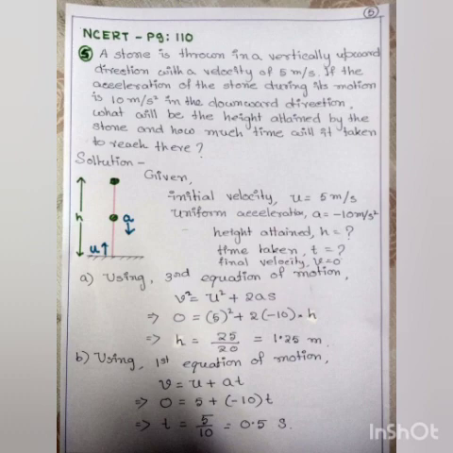While the stone will achieve the maximum height, at that moment it will come to rest, means for a fraction of second it will be at rest, again it will come down, but at the moment of maximum height the final velocity will be 0. Okay, so here for maximum height attained by the stone, the final velocity v you have to consider as 0.